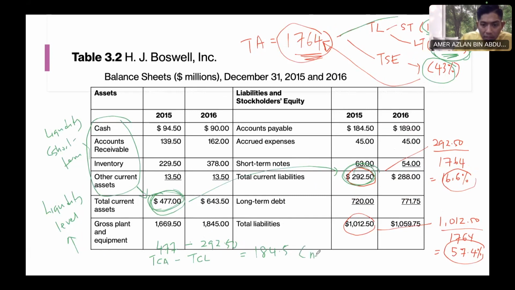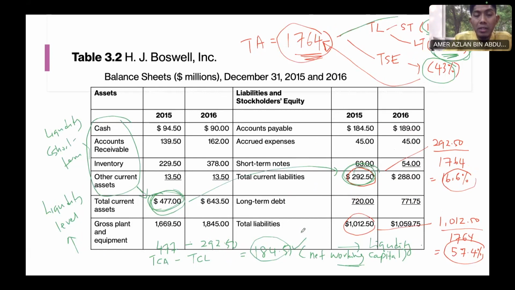This is what we call net working capital. If you want to know whether the company is very liquid or not, we refer to the net working capital. It's the difference between total current assets and total current liabilities. Here, the net working capital is high, very good, positive, which means this company is very liquid. They have a high liquidity level.